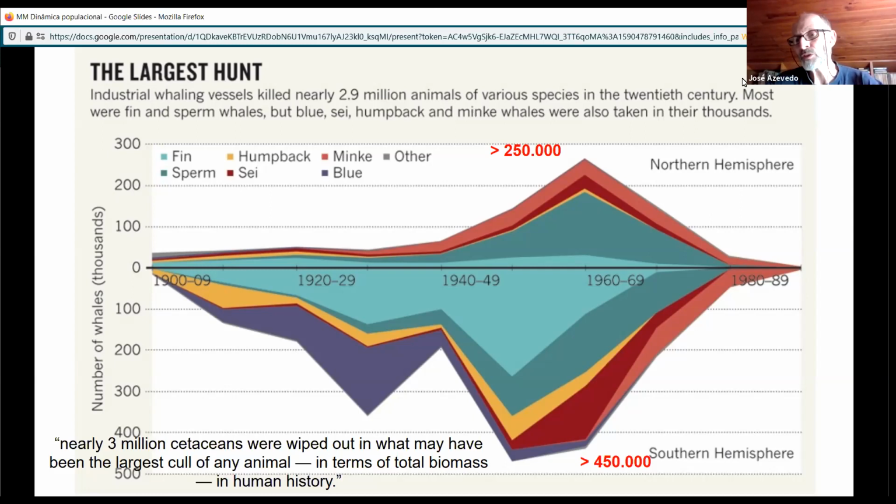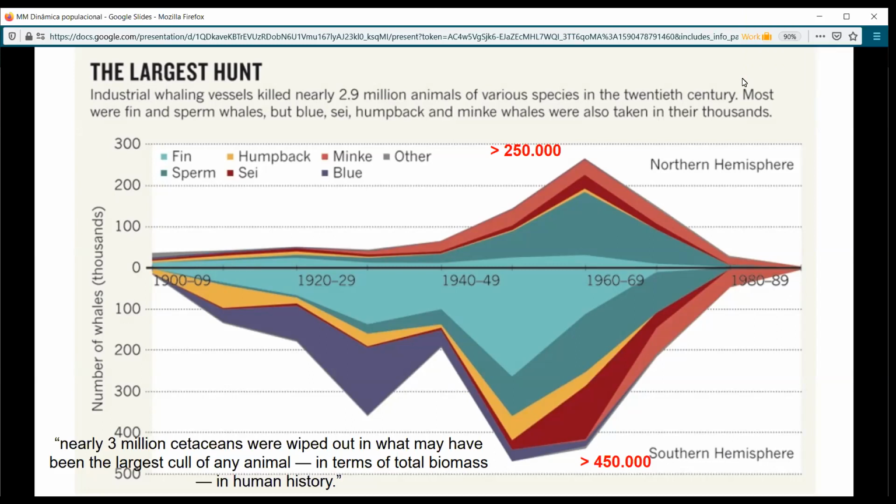And so when we get to the beginning of the 1980s, you have the formation of the International Whaling Commission, and you had the moratorium, but that was because there were no more whales. And so now presently we are in a situation, and so let me see, 40 years have passed since the moratorium.